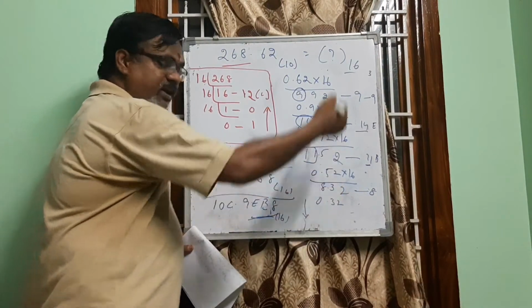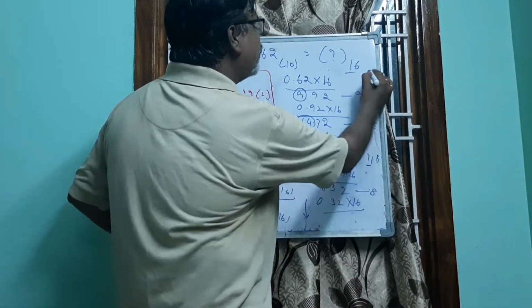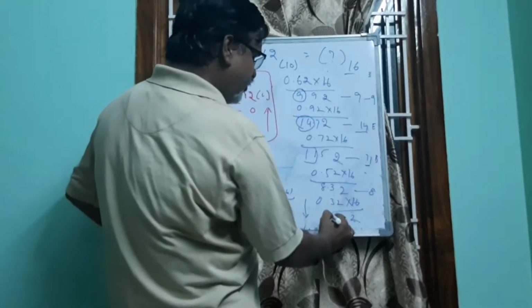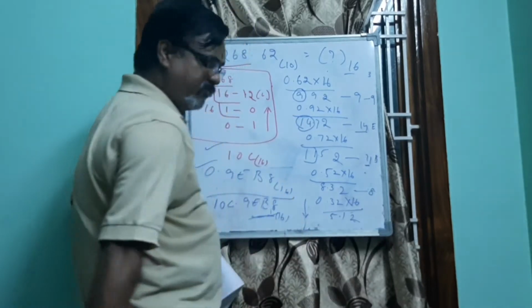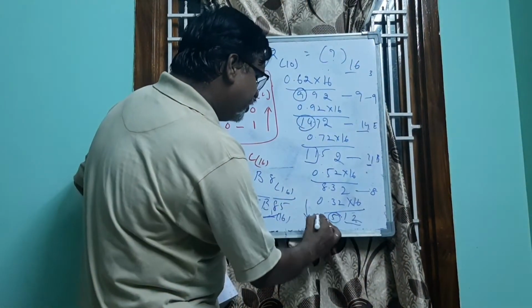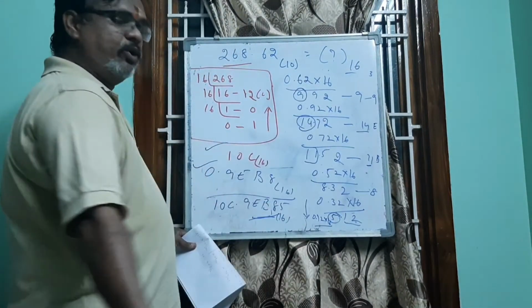Or if they want to go for 5 digits, you multiply 32, 16 is 48, plus 3, 51, so 5.12. So here you will write 5 also, and then again 0.12 into 16 will be there. This will continue like that.